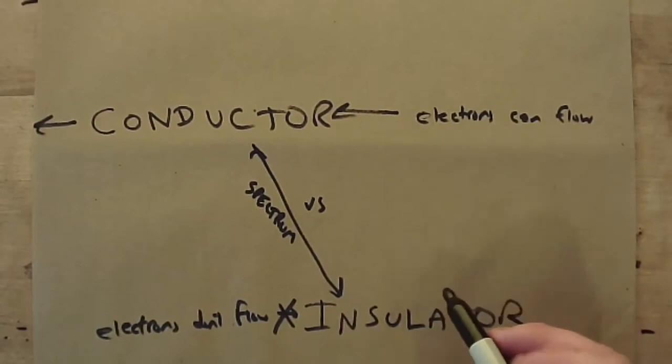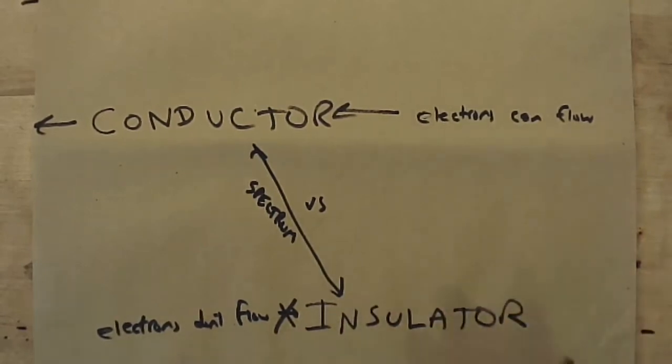The best insulator that we can have pretty much is a vacuum. Well, that's not completely true, but something that electrons don't want to flow through. Nothingness, vacuum space, is pretty darn good as an insulator.